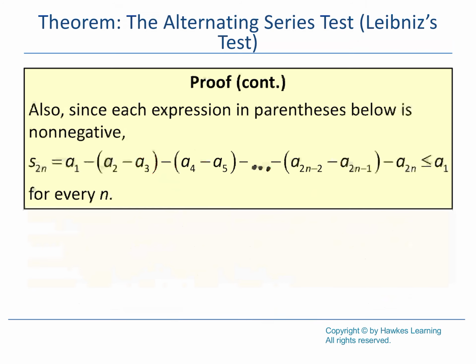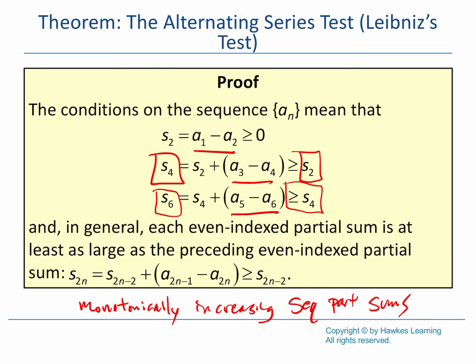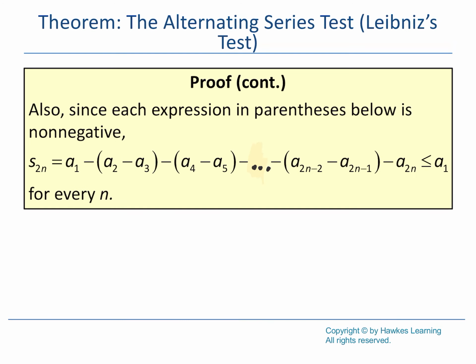Cool. And that's specifically for the even partial sums. We'll talk about the odd ones soon. But on the flip side, we also know that starting off with a positive number a1, this partial sum will be less than the first term a1.